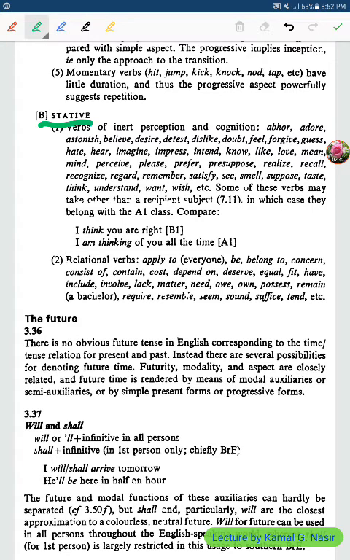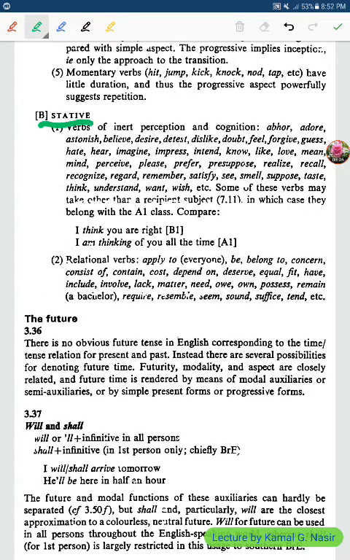So what do you say, for example? You say, thinking of you all the time occupied my mind, or something like this. In the secondary clause or subordinate clause, we may use it.